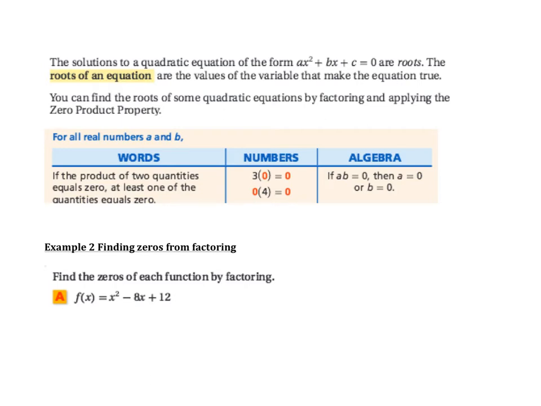When we do it setting it equal to 0, instead of calling them zeros, we call them roots. We can find these roots by setting our function equal to 0 and keeping in mind that either factor can be 0 for our whole product to be 0, and that's the zero product property. So when you factor, either factor can be 0 for the whole thing to be 0.